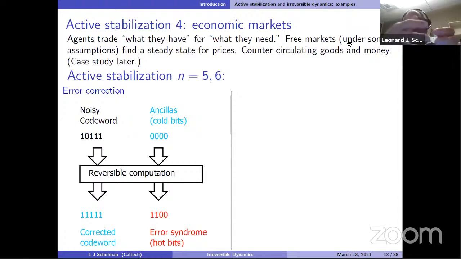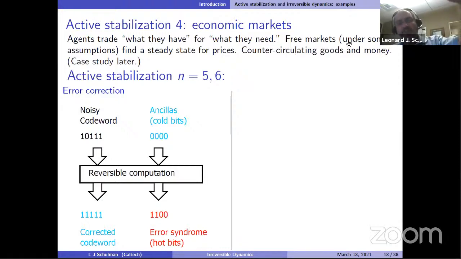And what happens is that you clear out this syndrome, which you can think of as hot bits. These are the leftover data that records where the error had been. And there's no way not to do that. Quantumly, you really have to do it explicitly. Even classically, it's actually happening, even if you claim that your code doesn't do it; somewhere the memory of your computer gets erased, and that's where it happens. And you wind up with this corrected code word.